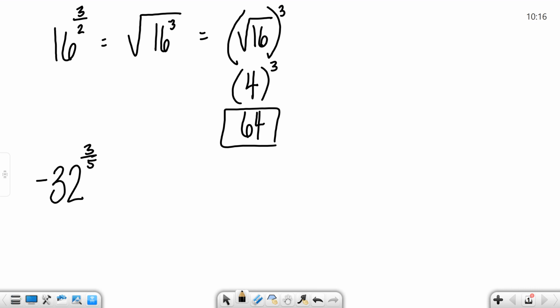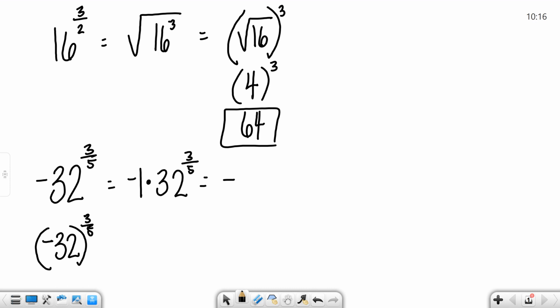Okay, now a big mistake that people make is they go, oh, that's negative 32 raised to the 3/5, and it is not. Let me write it differently. These are two different problems. This one says negative 1 times 32 to the 3/5.